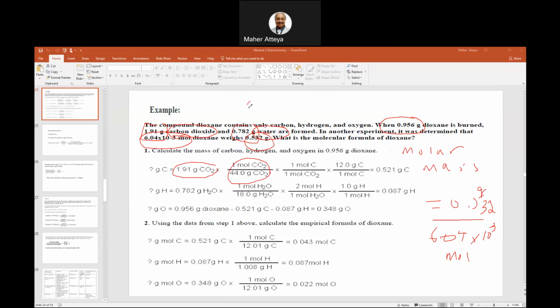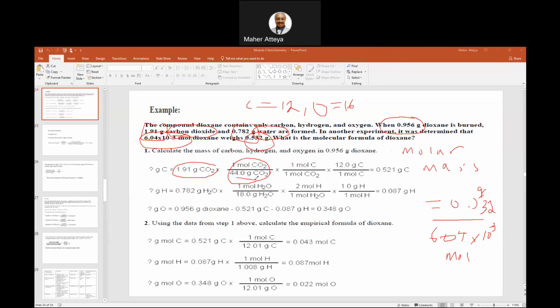Carbon is 12 and oxygen is 16 grams per mole. You have 2 oxygens, 32, plus 12 makes 44. Correct? That's the molar mass of CO2.